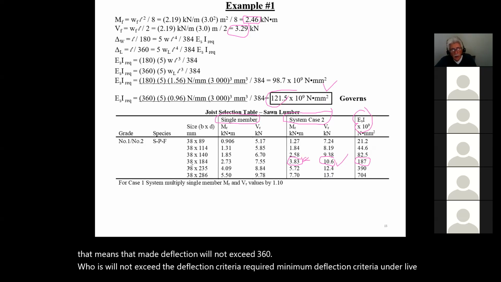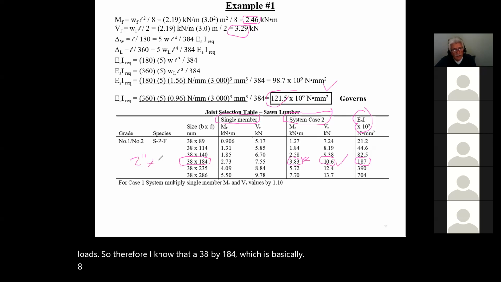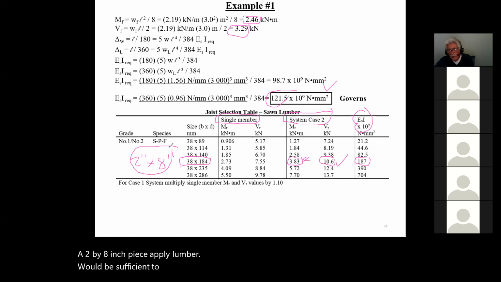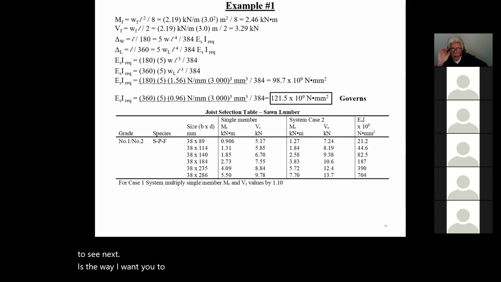So therefore, I know that a 38 by 184, which is basically a 2 by 8 inch piece of lumber, would be sufficient to support the floor load, okay? And now, guys, what you're going to see next is the way I want you to show it anywhere, whether I ask for it on a test, or for the project, whatever it is.